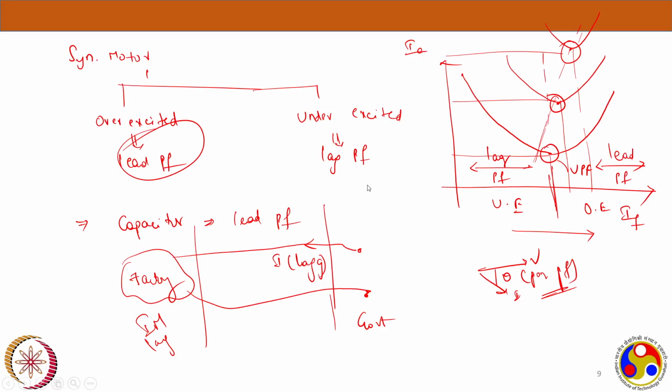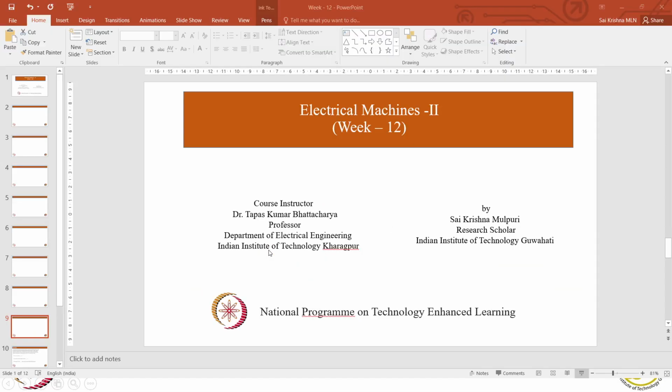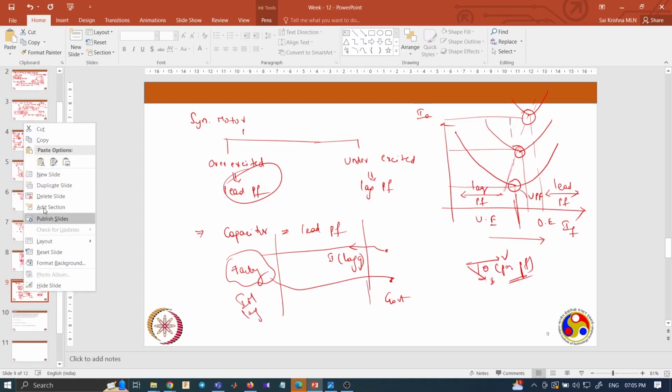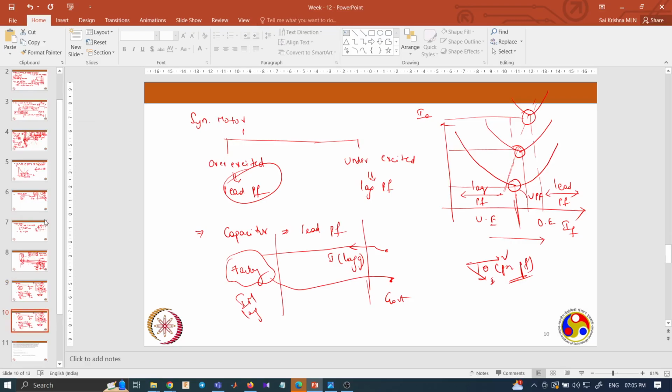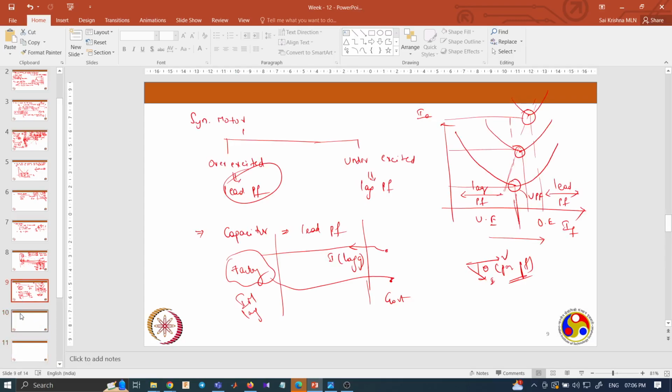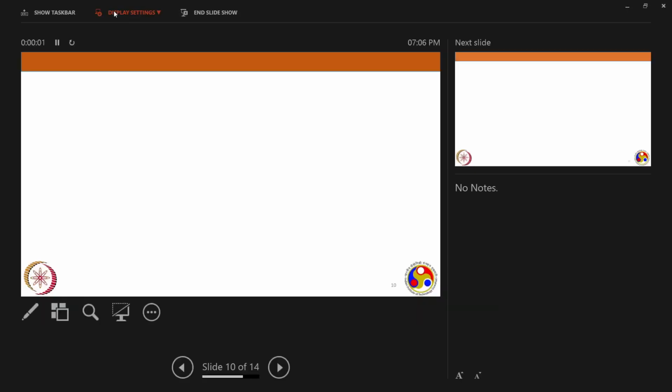So let me just take an empty sheet. Initially there is a factory here.